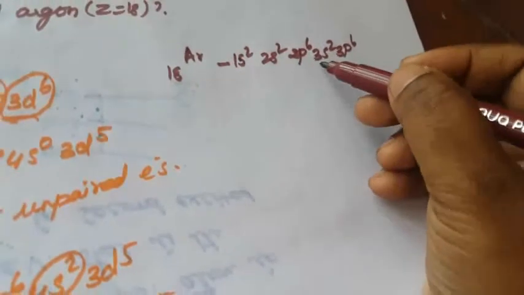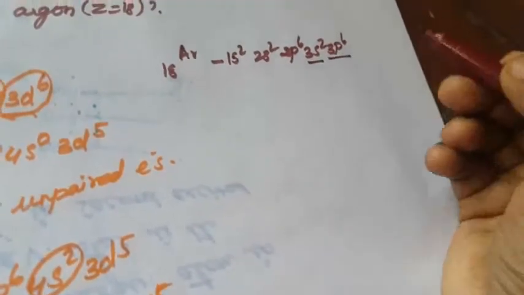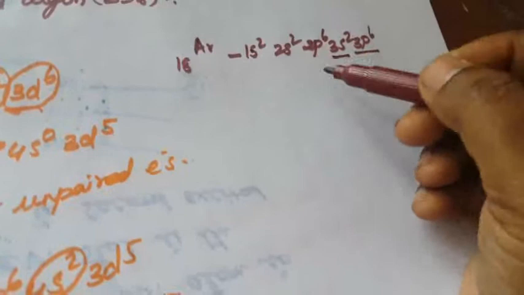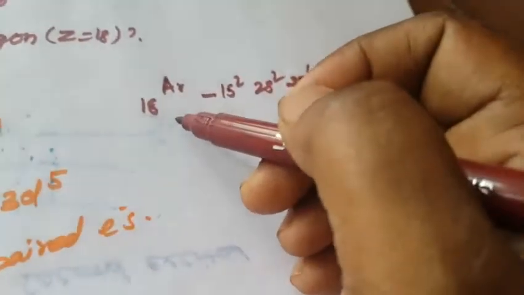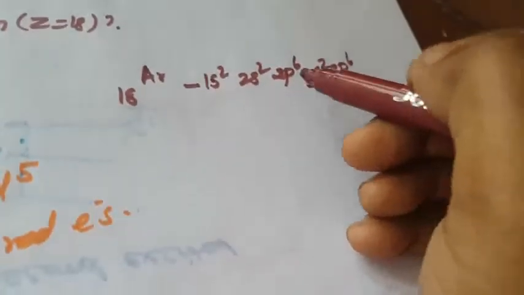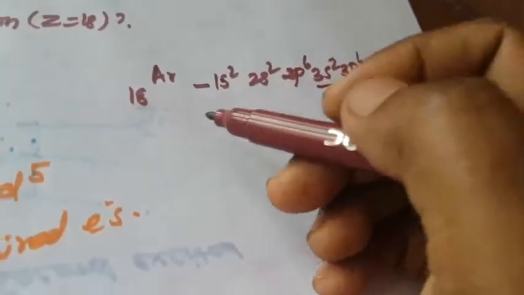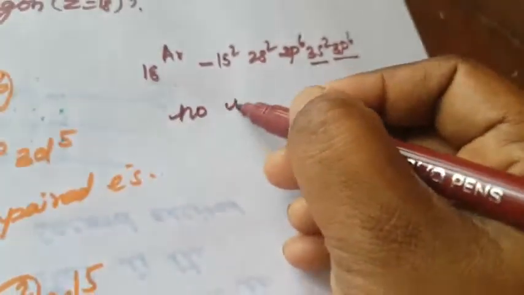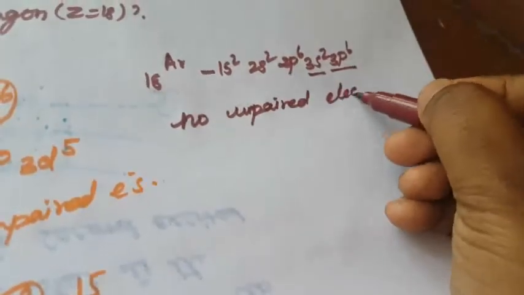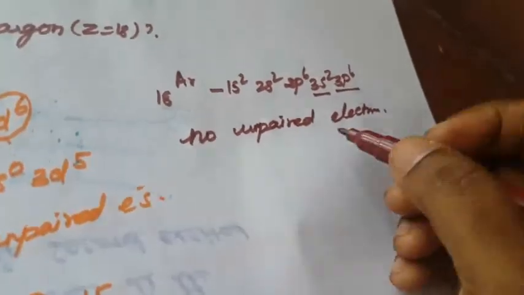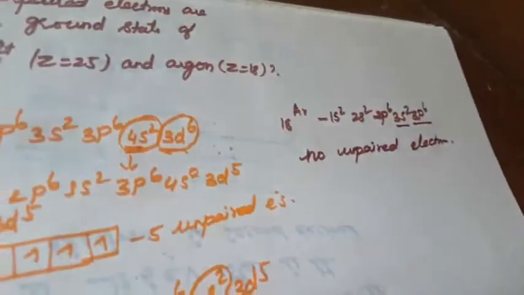All the s orbitals and p orbitals are completely filled. Argon is an inert gas configuration, that is, an octet configuration in the outermost shell. So that is the reason it has completely filled orbitals, so there is no unpaired electron in argon.